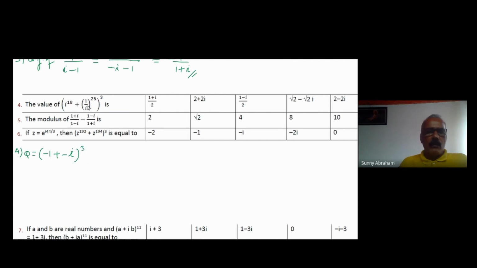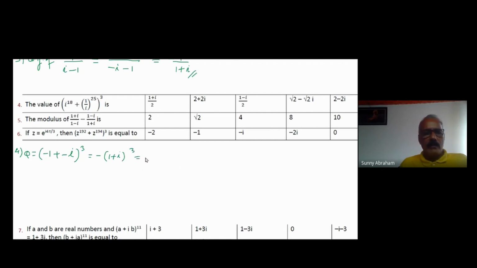Okay, 1 by iota minus iota. Minus iota raised to 25. Iota raised to 25 is iota raised to 24 into iota. So this is minus of 1 plus iota, the whole cube. That you know how to simplify.